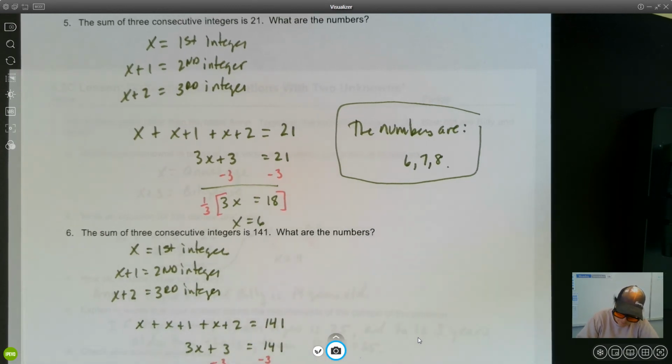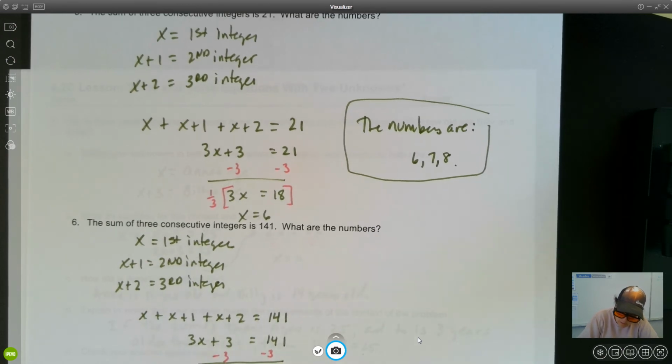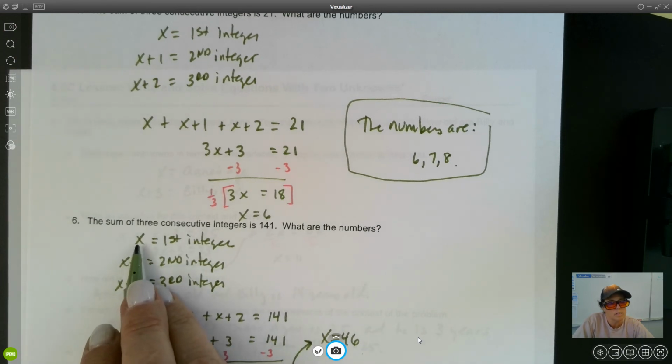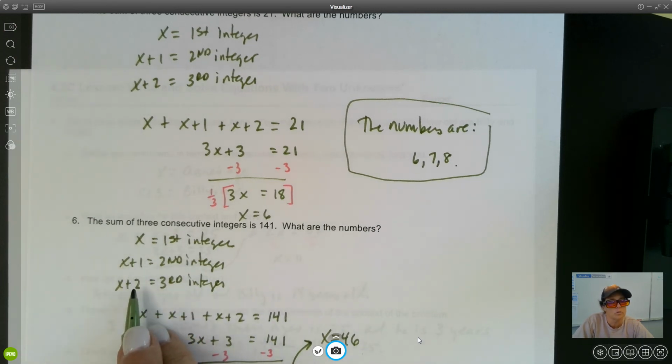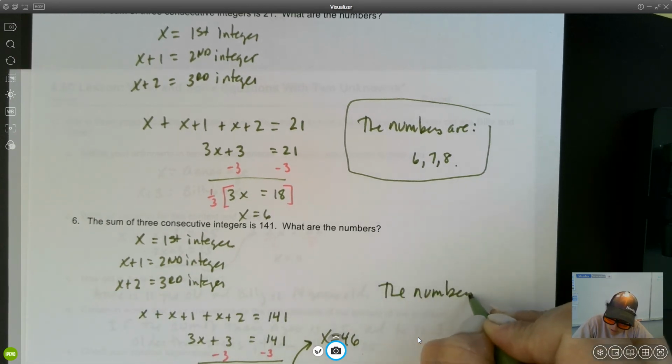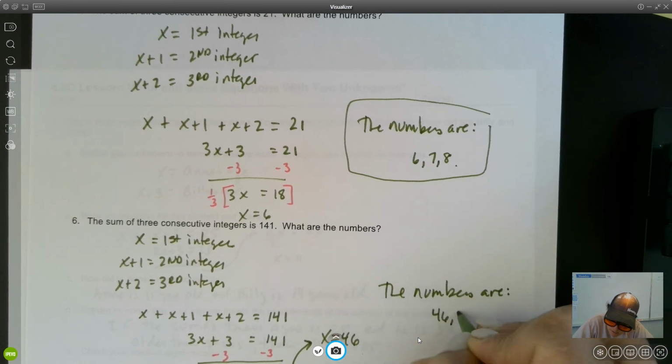Subtract 3. 3x equals 138. Divide by 3. 138 divided by 3 comes out to be 46. Okay, so x is 46. 46 plus 1 is 47. 46 plus 2 is 48. So the numbers are 46, 47, 48.